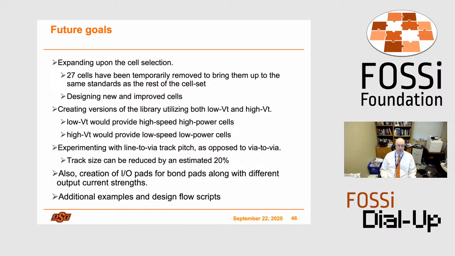We're experimenting, as I mentioned earlier, with the line to via pitch, and that will reduce the track size by, we estimate, around 20%. We're also going to create an IO pad structure for bond pads that will have electrostatic discharge, or ESD, protection integrated within the bond pad, as well as different output current strengths that can be provided for whatever you want.